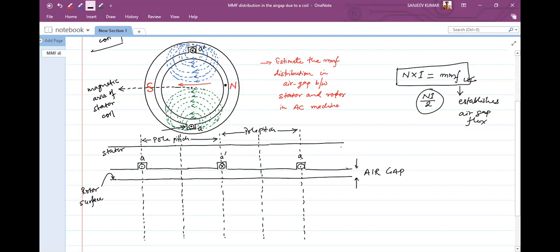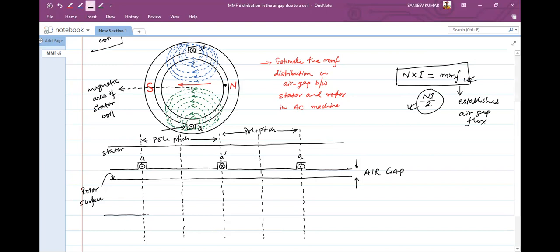So at any given physical point in an air gap, the peak value of the magnetic MMF will be Ni by 2.